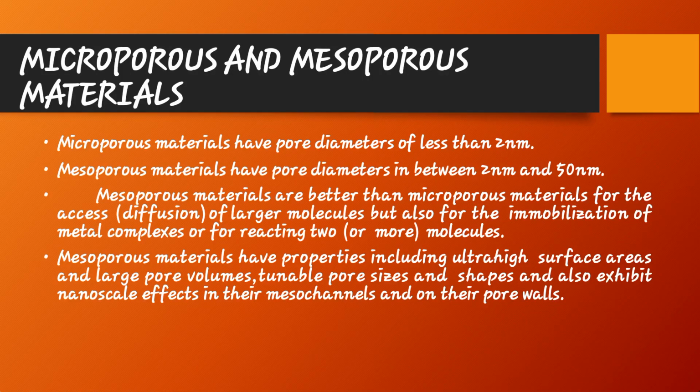Mesoporous materials are better than microporous materials for the access diffusion of larger molecules, but also for the immobilization of metal complexes or for reacting two or more molecules. Mesoporous materials have properties including ultra-high surface areas and large pore volumes, tunable pore sizes and shapes, and also exhibit nanoscale effects in their mesochannels and on their pore walls.